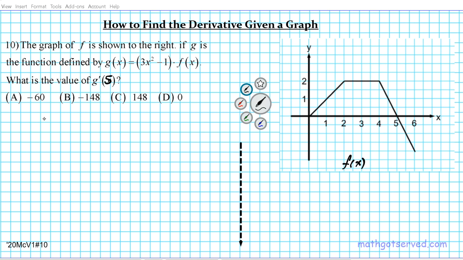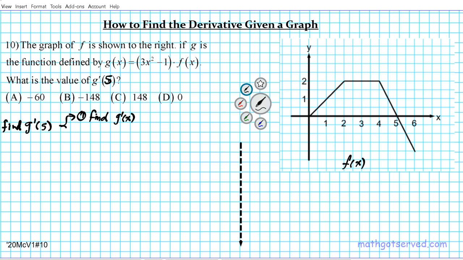So if you're looking for g prime of 5, it's a two-part process. Very important to know that. To find g prime of 5, you want to break it up into two parts. First thing you want to do is a calculus step where you find the derivative of the function.